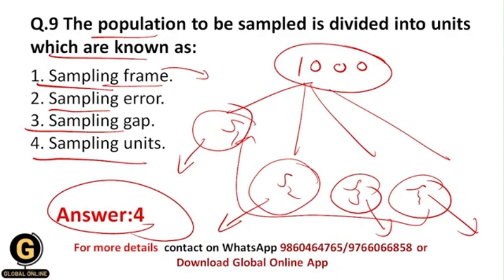And all of you now understood that the sampling error is caused by the wrong selection of sample size, and as well by the wrong selection of the sampling technique that we are going to see in the next video, so don't worry. And sampling gap means the gap which is there between the sampling procedures.